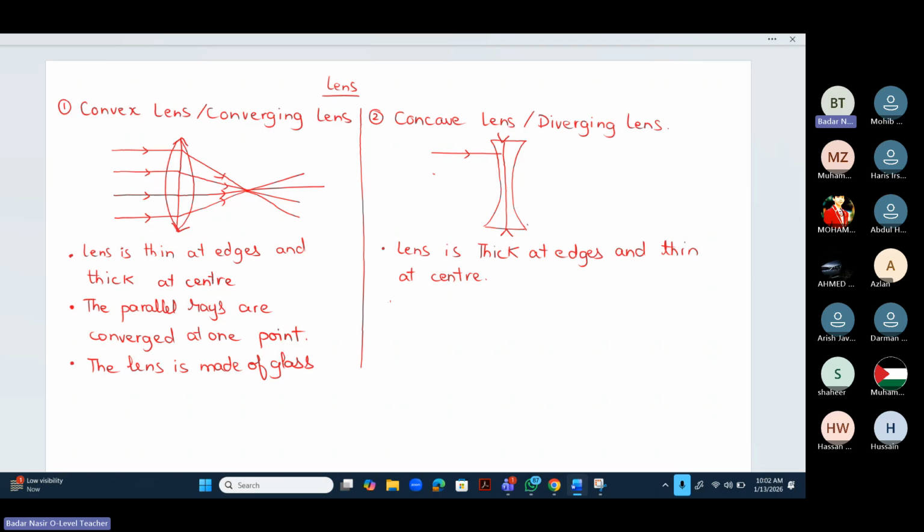So what happens when these parallel rays of light are incident on the diverging lens? They are going to spread out.